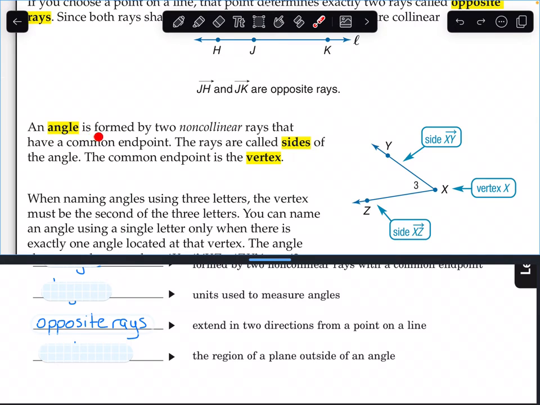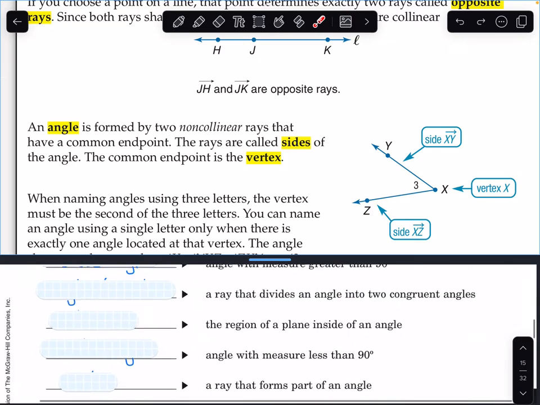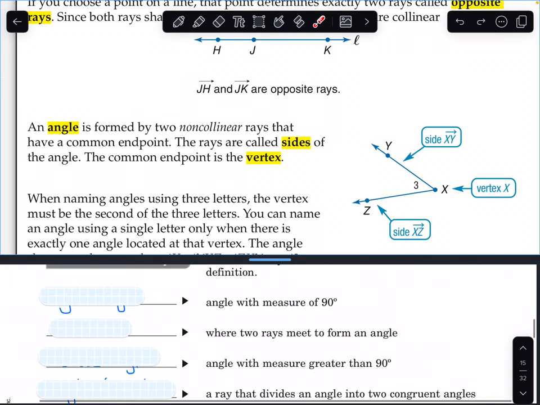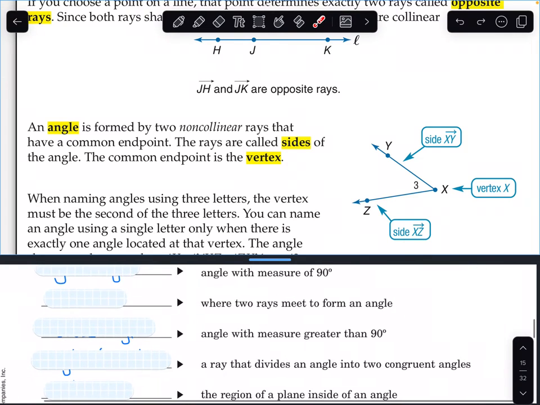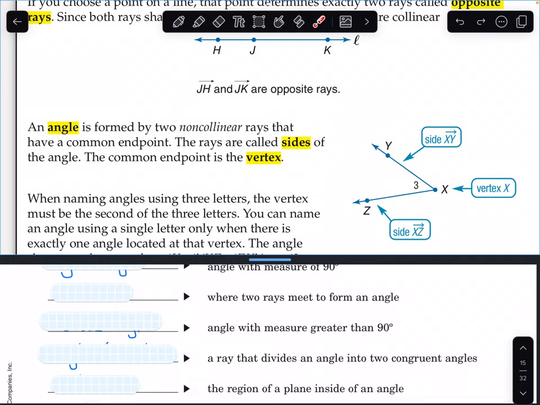An angle is formed by two non-collinear rays that have a common endpoint. The rays are called sides of the angle. The common endpoint is the vertex. Lots of vocabulary there to build up our angle. Let's see. Where two rays meet to form an angle. Where the rays meet.